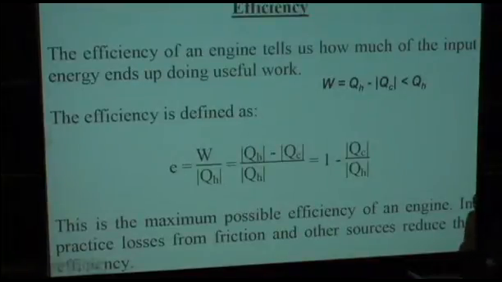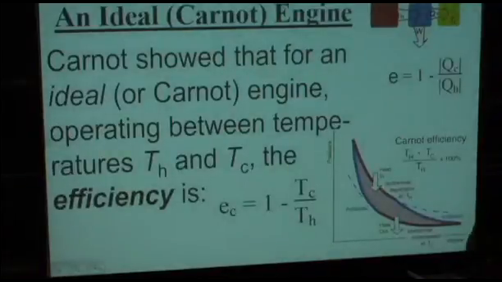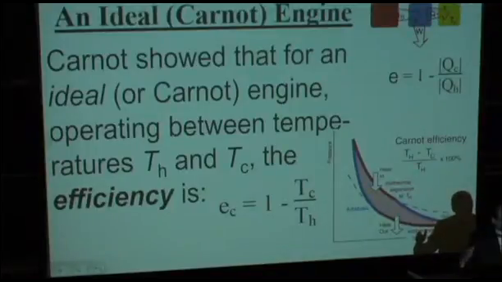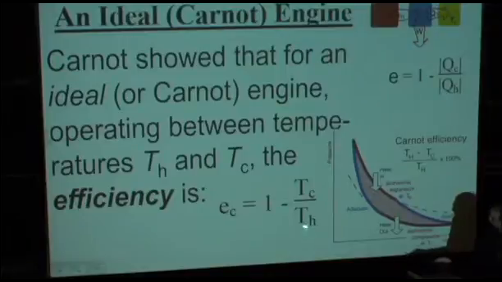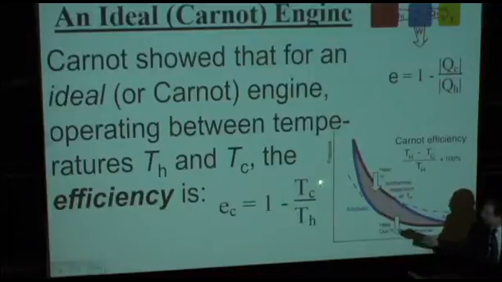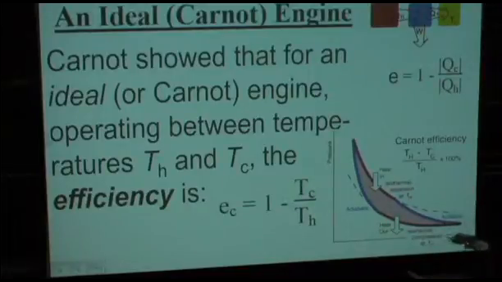But more importantly, it turns out French physicist Carnot proved that if you have an engine which operates between two temperatures, this is the high temperature, the temperature of the heating system, the heater, and that's the coldest temperature of the cooling system.